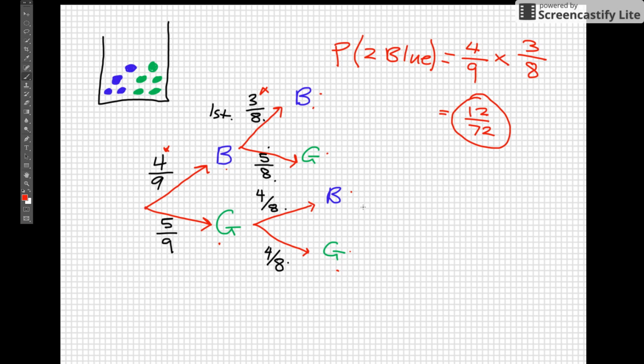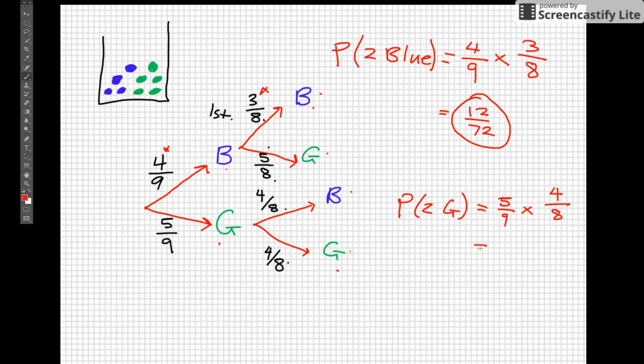Probability of 2 green marbles equals, let's see, 5 out of 9 chance for the first green marble, times, then to get the second green marble, we look at this branch here, 4 out of 8.